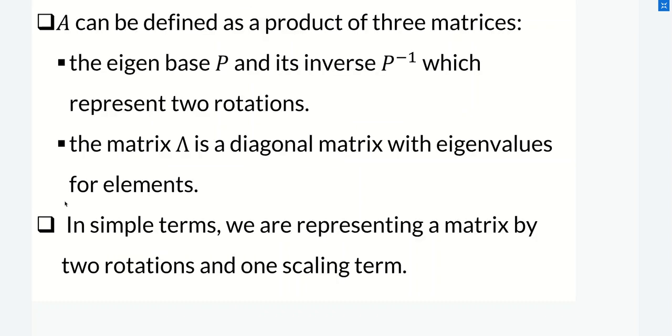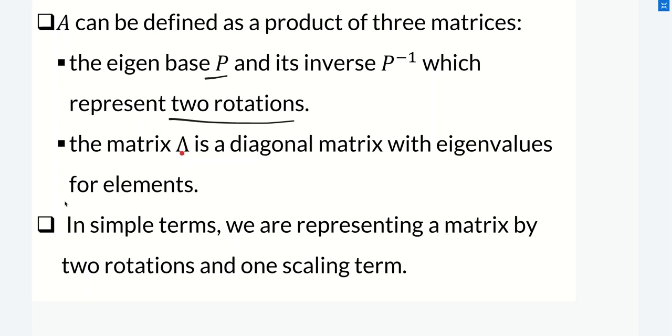So A can be defined as a product of three matrices. You have the eigenbase P and its inverse, and these two represent rotation. Then the diagonal matrix represents stretching.